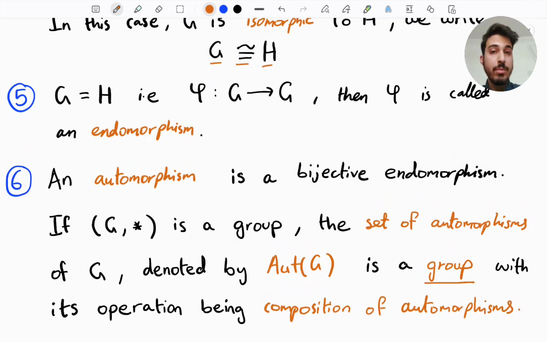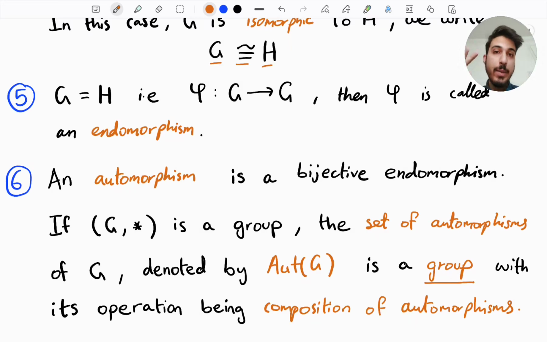Now this result is a bit surprising. Why do automorphisms of G make a group? Well, the set is a group because the operation of composition of automorphisms is an associative operation. There exists an identity element, which is the identity automorphism that sends each element in G to itself.